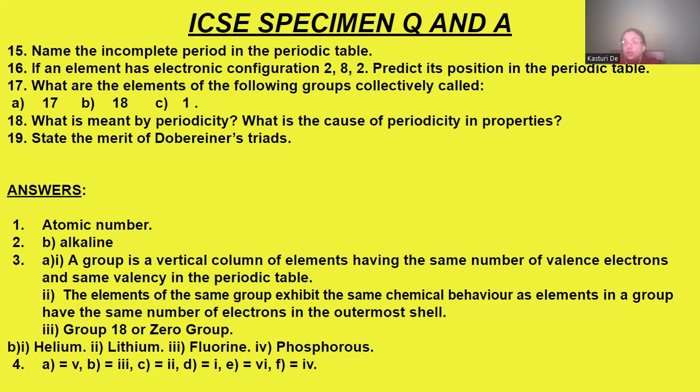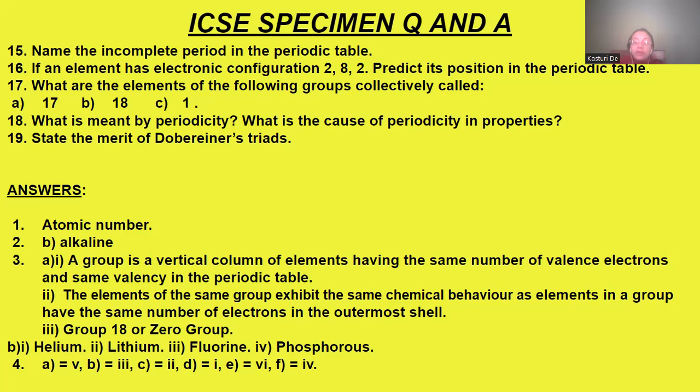Like the alkali metal group, they have one valence electron in their outermost shell and the same chemical behavior. The inert gases lie in the 0 group or group number 18, the last group.